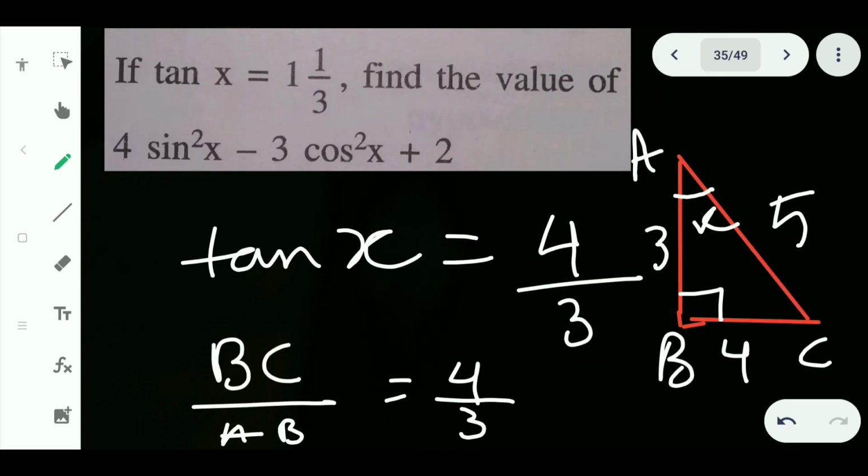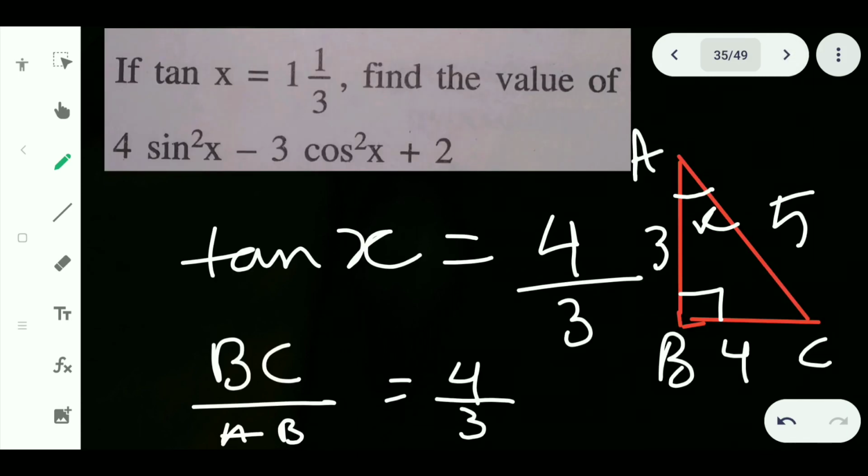Now they asked us to find 4 sin square x. First split it up. When it is given as a question, just split it up, and after getting the values, you can do the sum or difference, whatever is given according to the question.